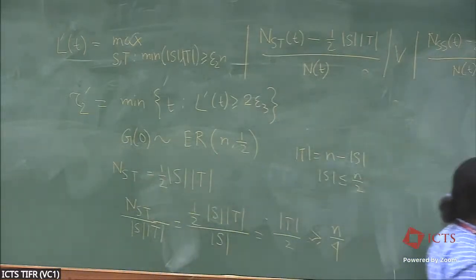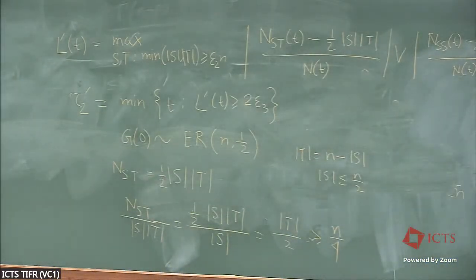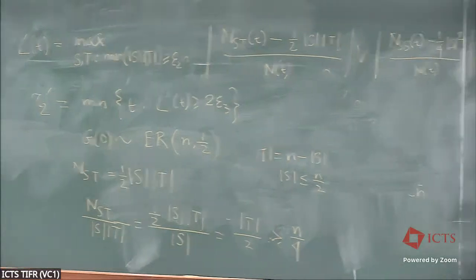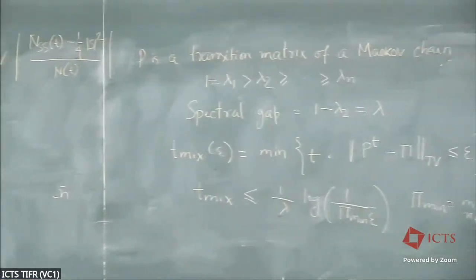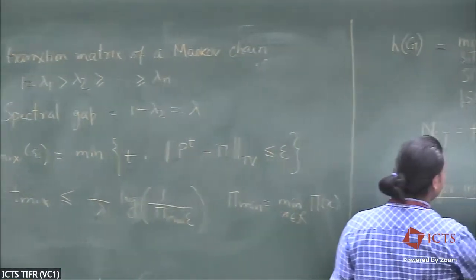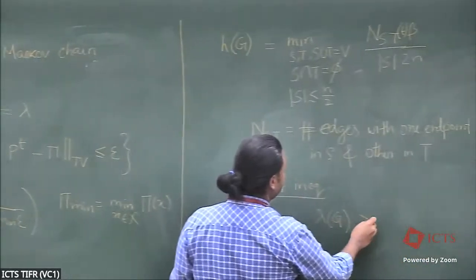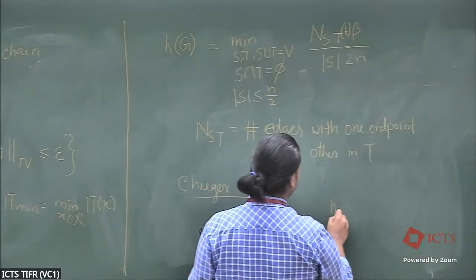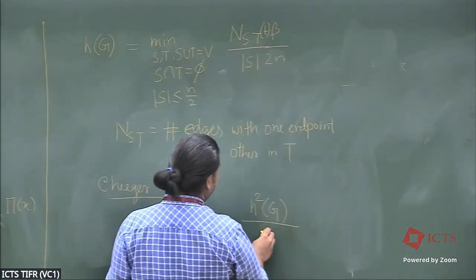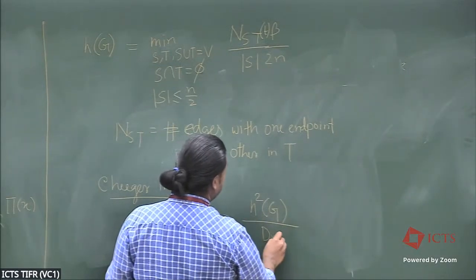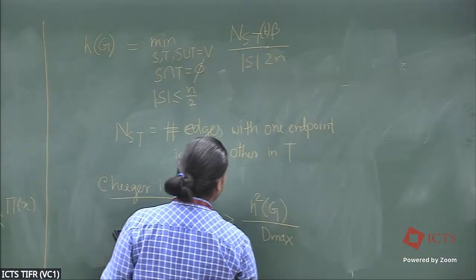the Cheeger inequality says that the spectral gap of G is bounded below by the Cheeger constant divided by the maximum degree, right?